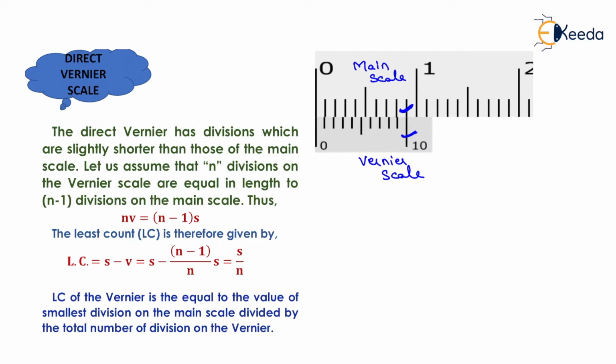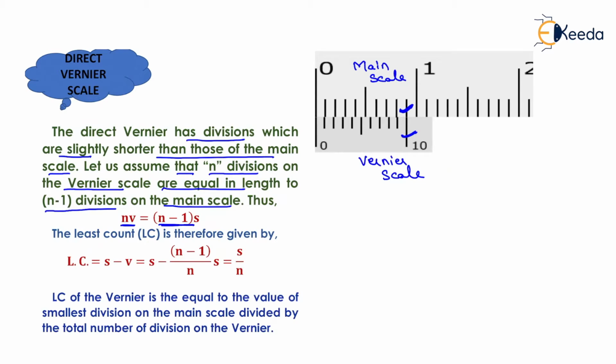So direct vernier has divisions which are slightly shorter than those of the main scale. Let us assume that n divisions on the vernier scale are equal in length to n minus 1 divisions on the main scale. So we can say that n divisions of vernier equal n minus 1 divisions of main scale.